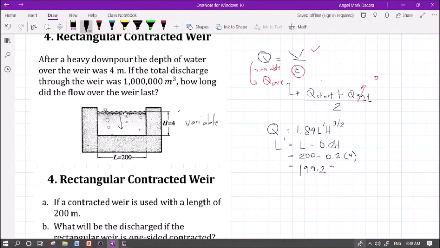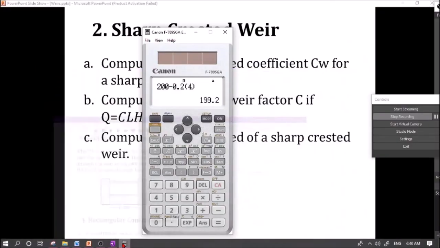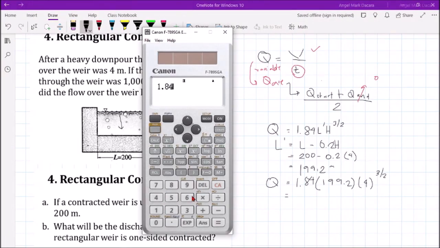Okay. Then, ang kasunod ay, edi substitute mo na rito sa Q. So, Q equals 1.84 times 199.2, tapos head is 4 meters raised to 3 halves. So, ito yung discharge nung simula, o nung ang head ay 4 meters pa. 1.84 times 199.2 times 4 raised to 3 halves.